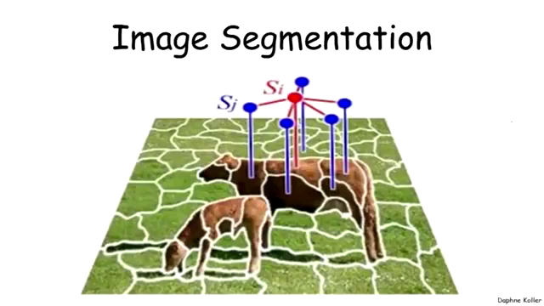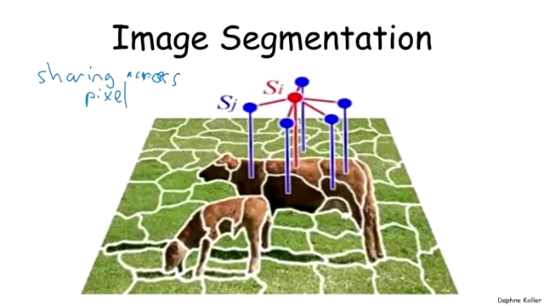We've already seen, similarly, the example of image segmentation. Clearly, we don't want to have a separate model for every superpixel within the image. There's hundreds of superpixels, so we have sharing across superpixels or pixels.